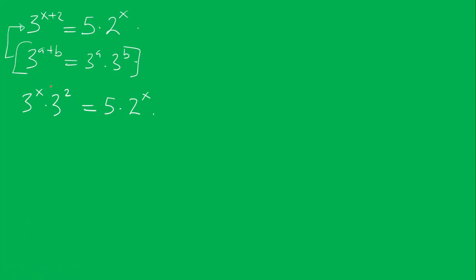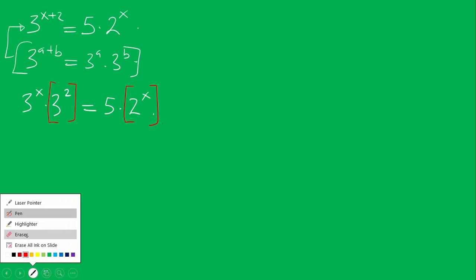That means this is not needed on the left hand side, and we want the constant on the right hand side, so this is not needed on the right hand side. So we are going to divide both sides by the terms that are not needed.